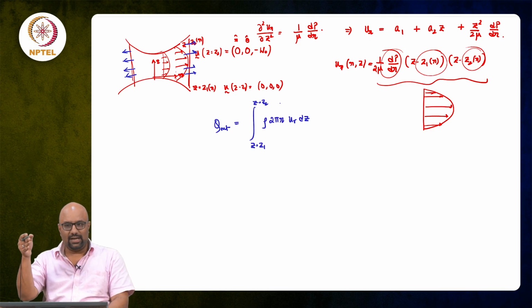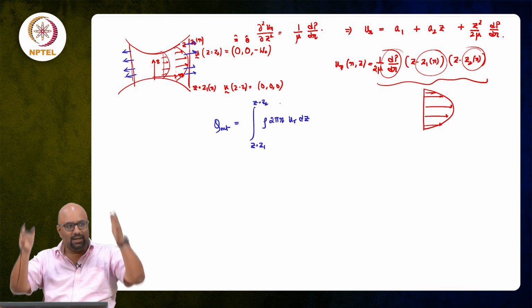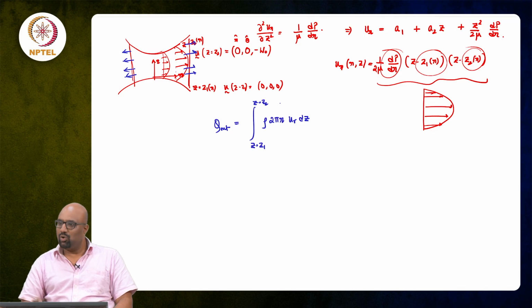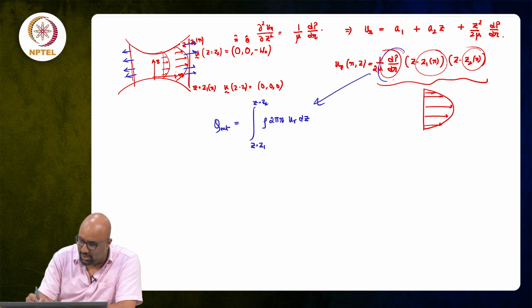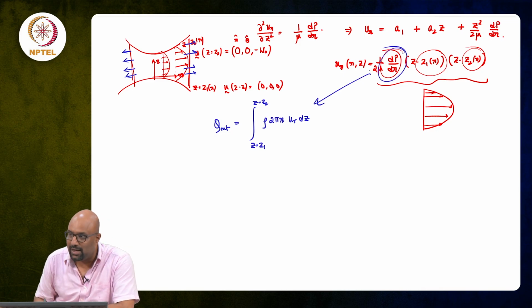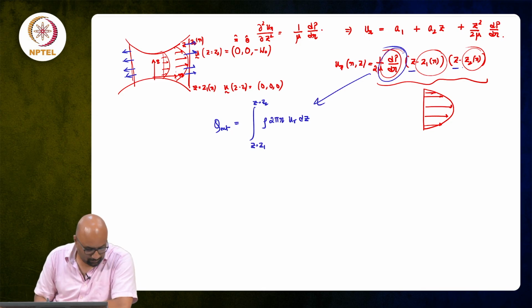That surface area is 2 pi r dz; find the flux through that and integrate it over the entire region from z equals z1 to z equals z2. You have to do the integral, and obviously you have an advantage here that dp dr is not a function of z; the only dependence on z appears here.